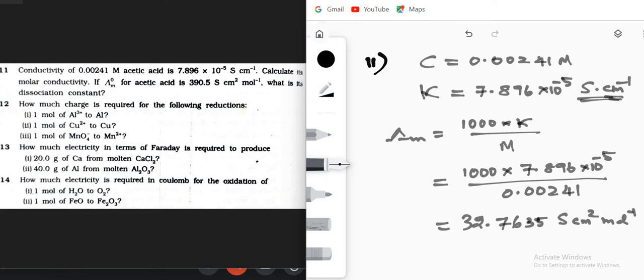So now we found out the value of molar conductivity. Then the next question is, what is the dissociation constant of the acid? To find the dissociation constant, go to the next page.